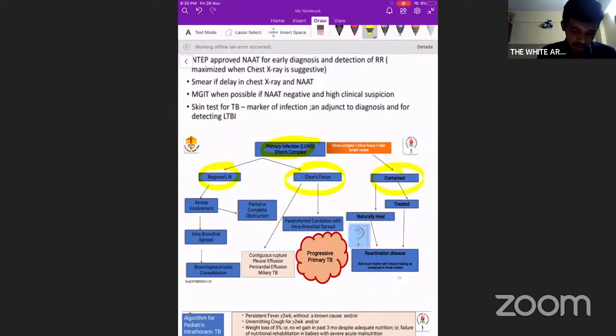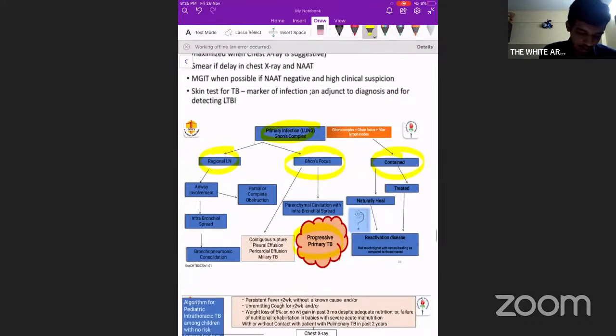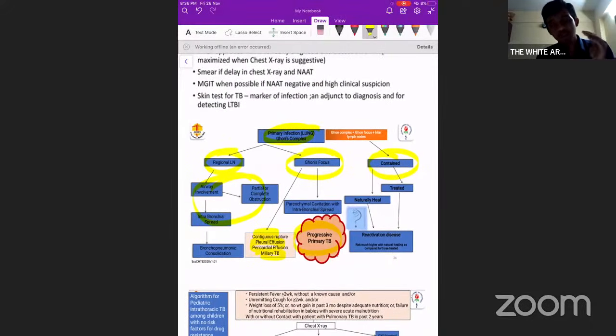If the disease progresses, then we have progressive primary tuberculosis. It can either have airway involvement. As we discussed, if there is airway involvement, then we can have atelectasis, emphysema, hyperinflated lungs. All those things are possible because of the lymph node pushing into the airway. Or the Ghon focus itself can progress. Then what can the child present with? The child can present with parenchymal consolidation with cavitation, or pleural effusion, or miliary tuberculosis, pericardial effusion, etc. Okay, fine. So that is the summary of the disease as such.